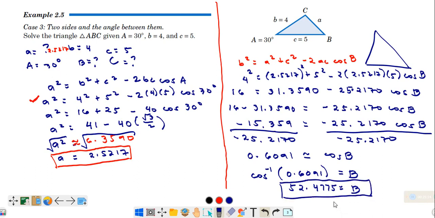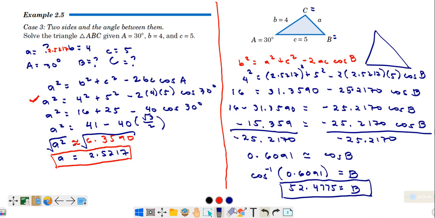Ang nawawala na lang ay angle C. Paano natin yun makukuha? Napakadali na. Hindi nyo na kailangan mag-law of cosines ulit, kasi ang nawawala ay isa na lang ding angle. We know that the sum of all the interior angles of a triangle is equal to 180, right?